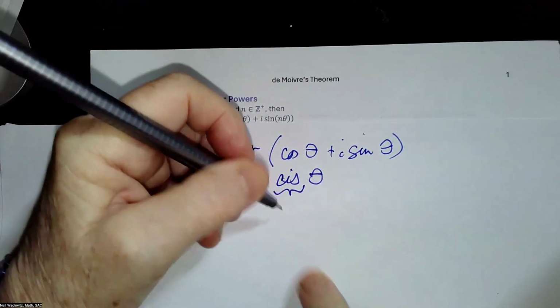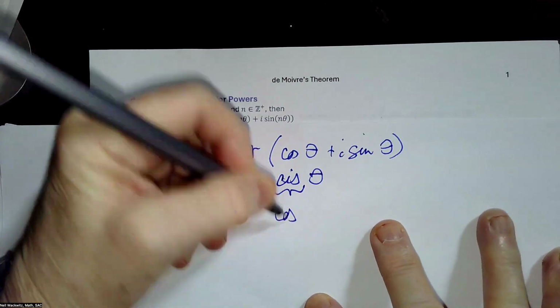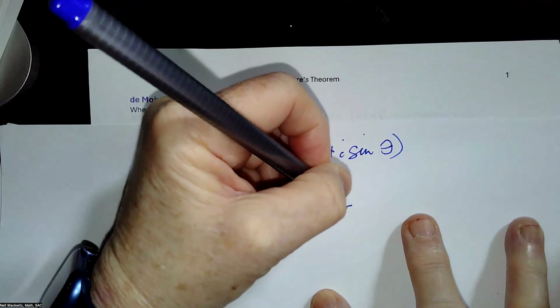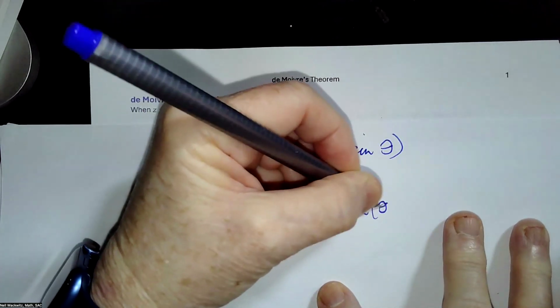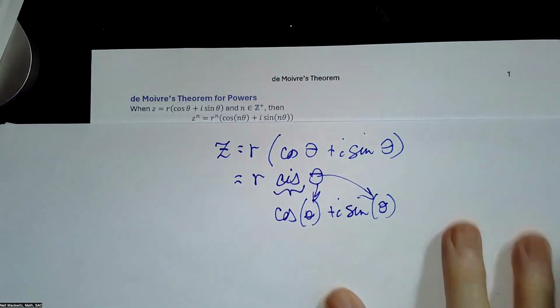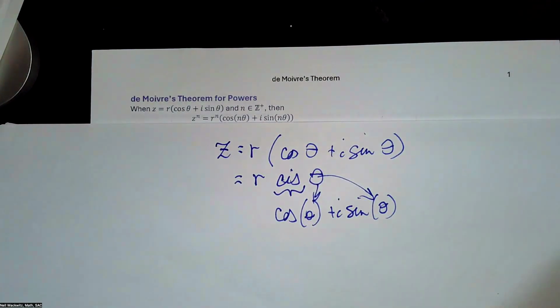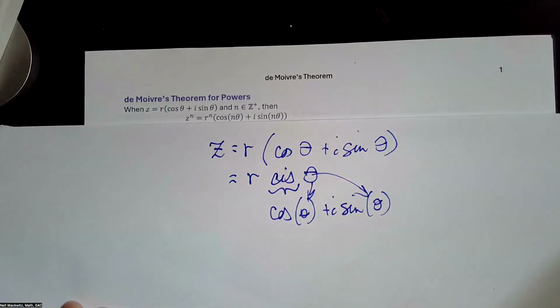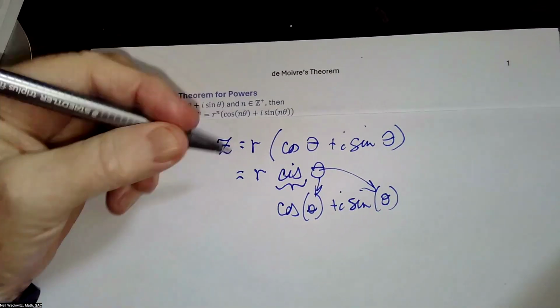CIS stands for cosine theta plus i sine theta, where theta is the angle. So cis allows us to write this long statement more simply.